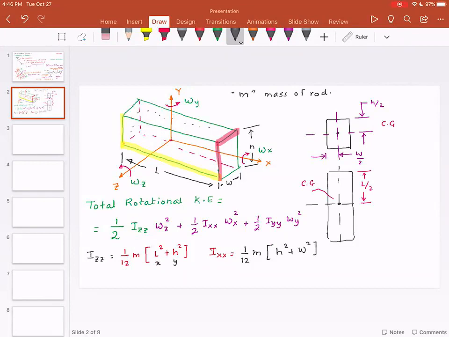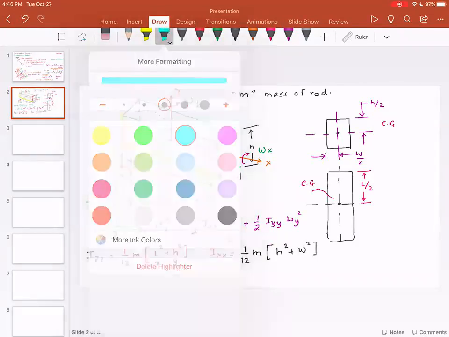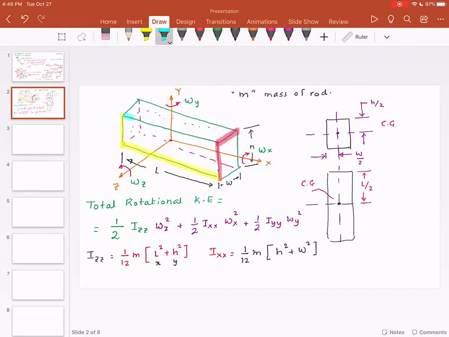Last but not least, the dimension around Y, which is IYY: you have L and you have W, so 1 by 12 m times L square plus W square.